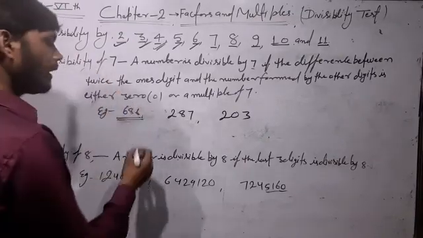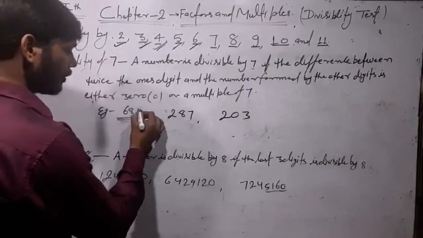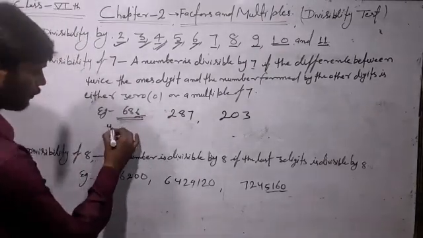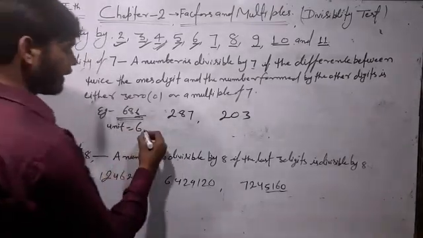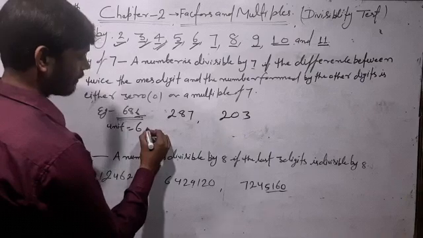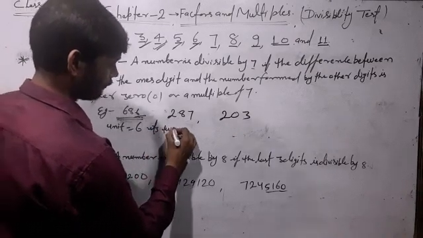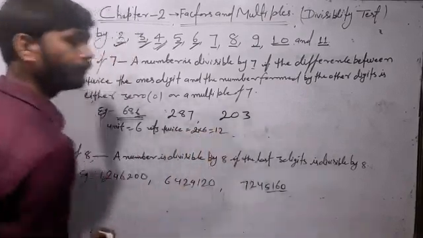First of all, write an example, 686. Observe in this example, its unit digit is 6. Twice of it is 2 times 6, equal to 12.